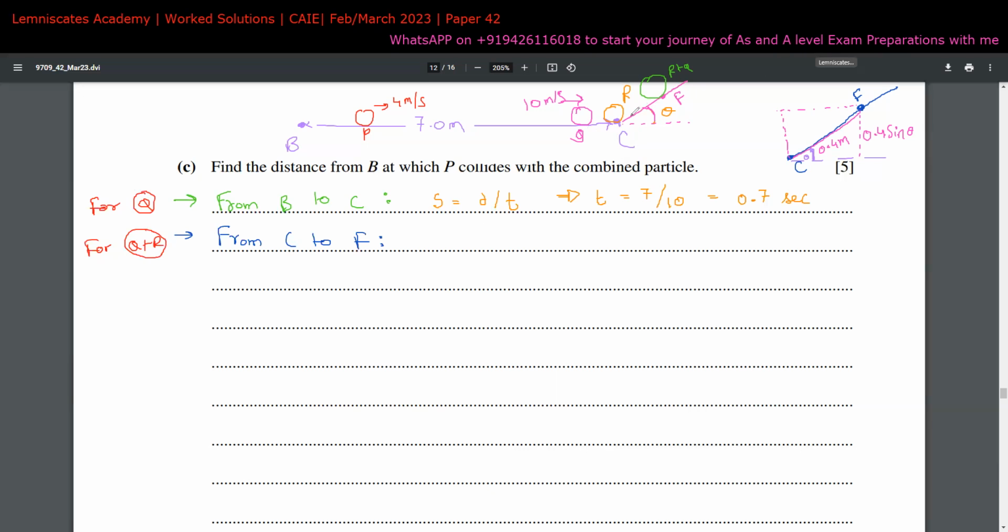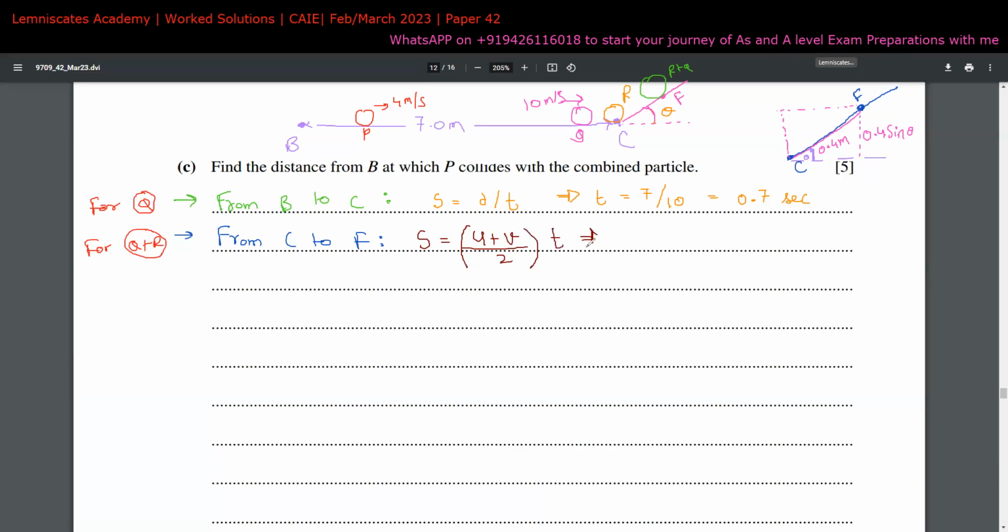Now we know that the distance here is 0.4 meters, that is given. The speed at which it starts this phase is 2, and at point F the speed will be 0. The formula that comes to mind that does not involve acceleration is S equals (U plus V) divided by 2, multiplied by time.